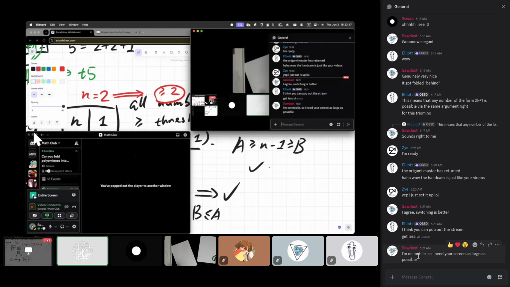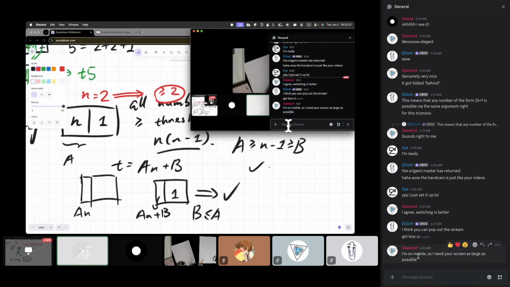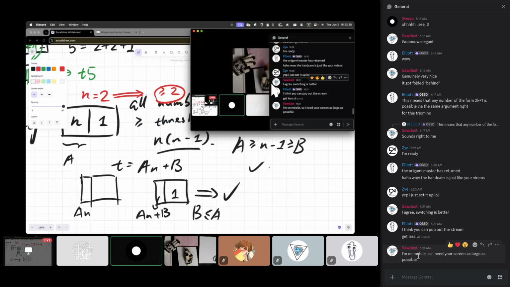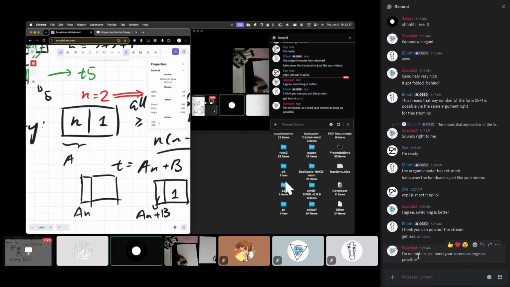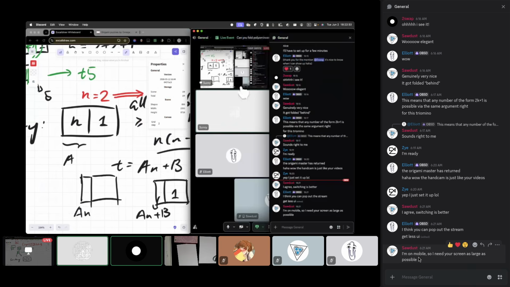Oh, this is almost great. I just have to switch, kind of. You could just put that on the right half and your Excalibur on the left, but I don't know. Okay, sure.